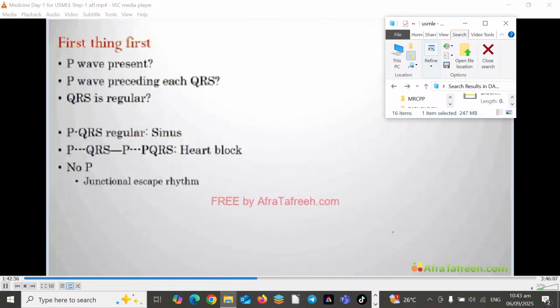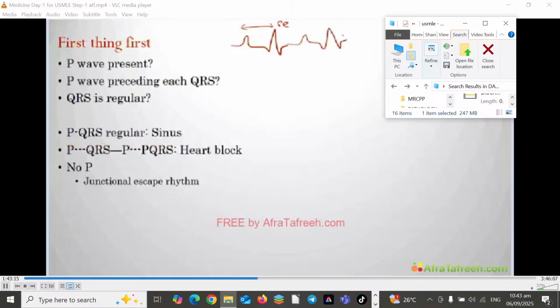The second thing that you're going to see is the PR interval. That is, there is a P and then there is an R, and this interval, the PR interval, is constantly present. After some time there is again a PR interval, and you see that the PR interval is constant. That means all your QRS is driven by the P wave.